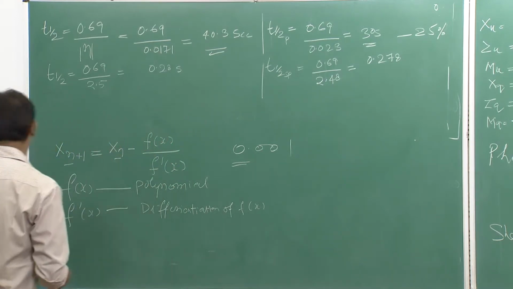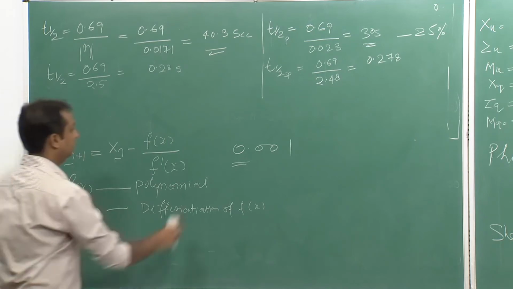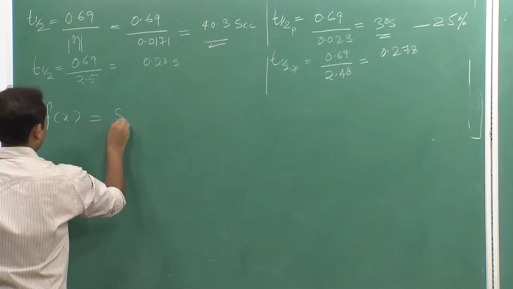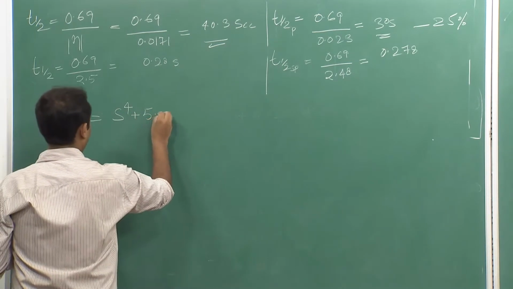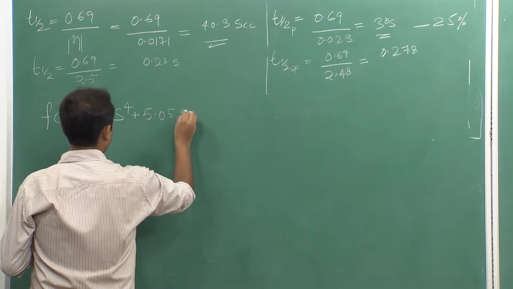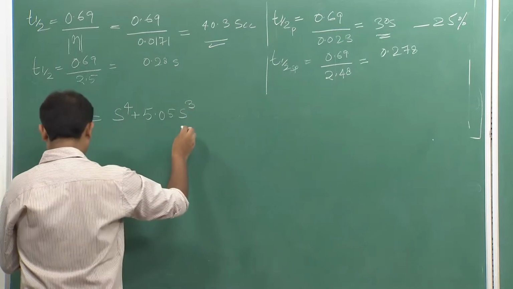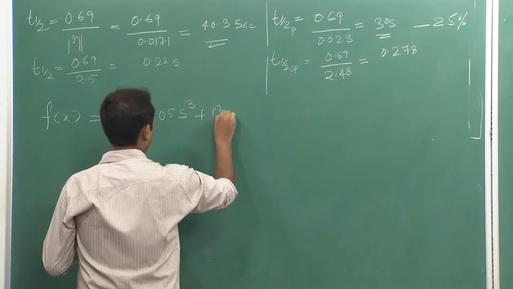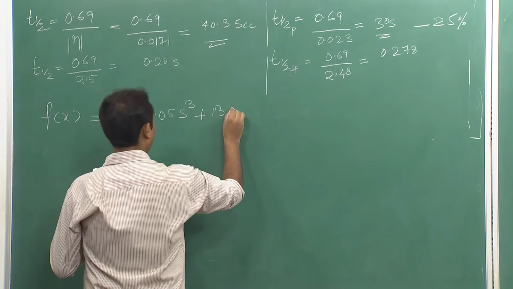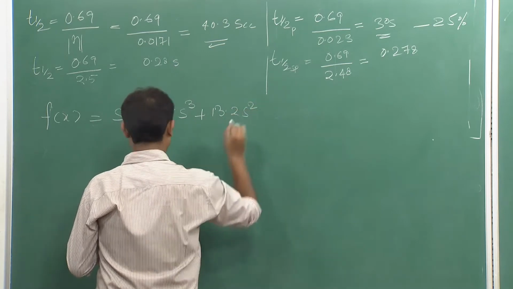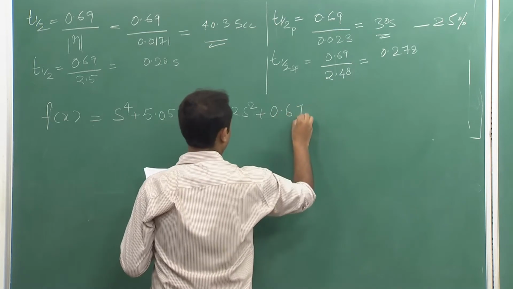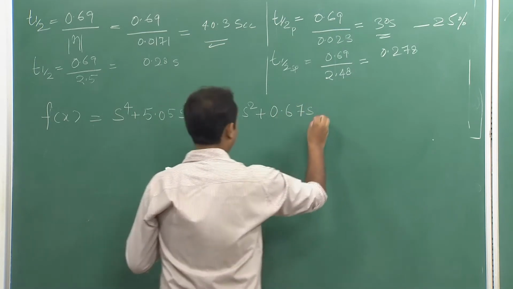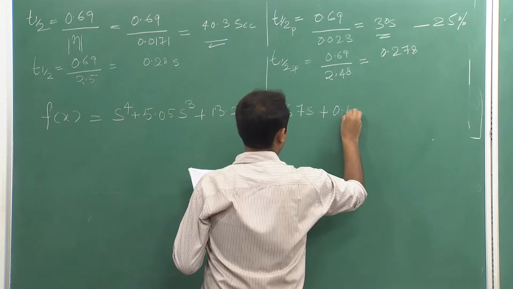So, my function f(x) will be given by s^4 plus 5.05 s^3 plus 13.2 s^2 plus 0.67 s plus 0.59.